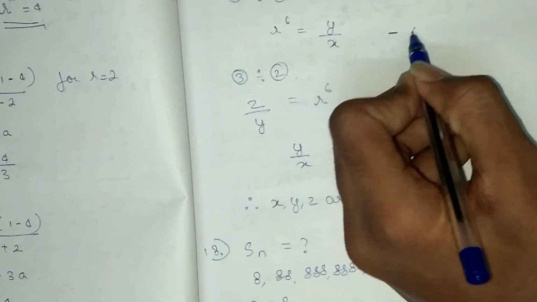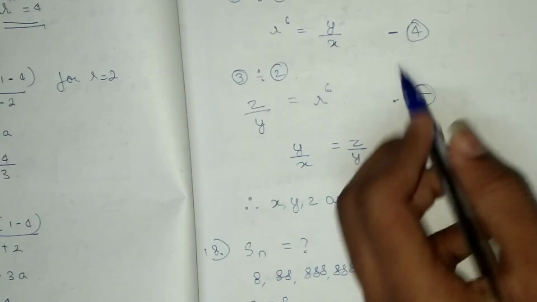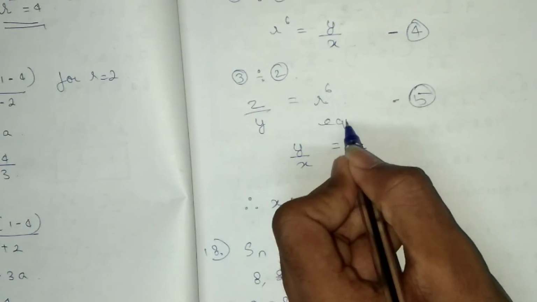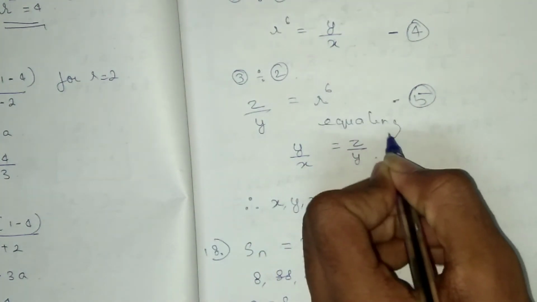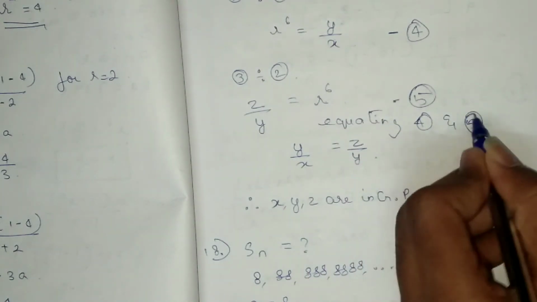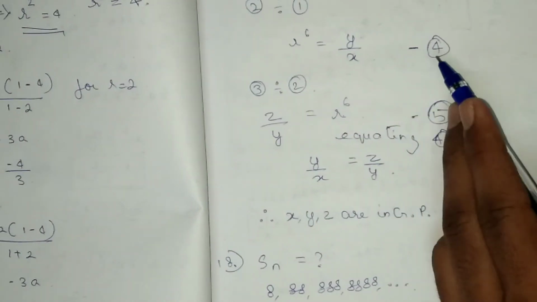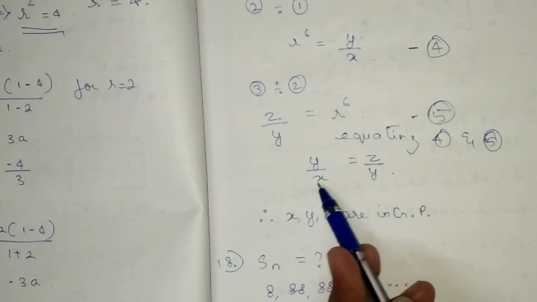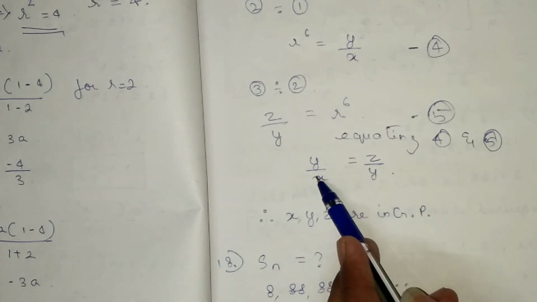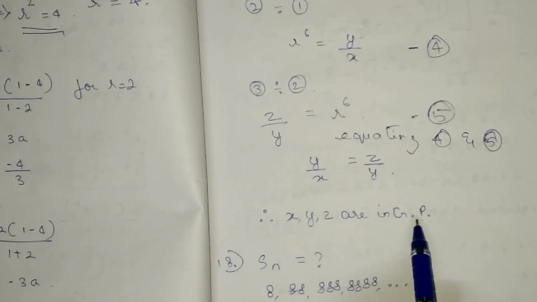Since this equation and this equation, the right hand sides, are equal, equating 4 and 5, you are equating the equations 4 and 5. So what you are getting is y by x, which is equal to z divided by y. Now by this we can prove that x, y, z are in GP.